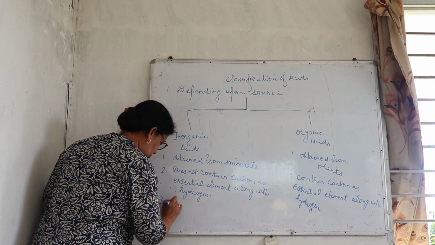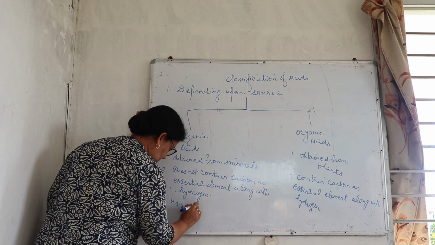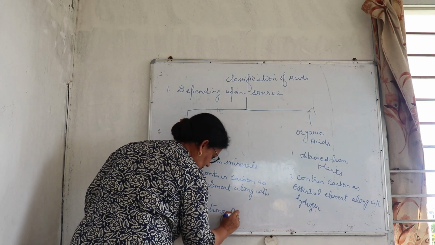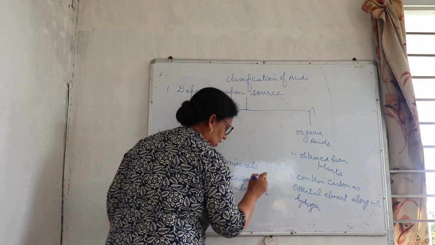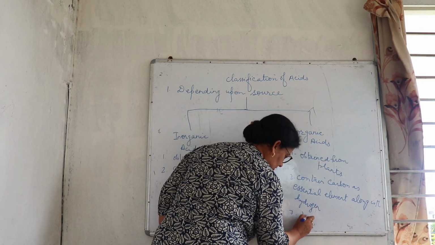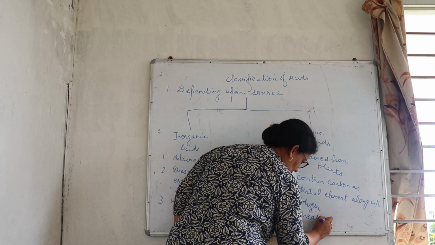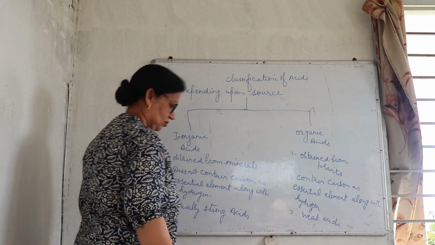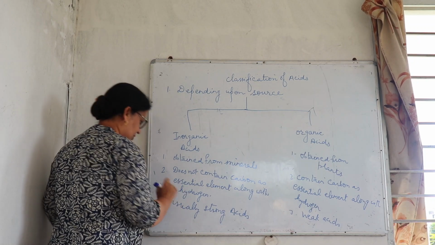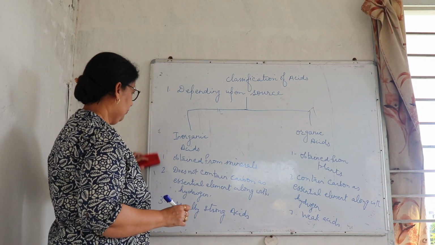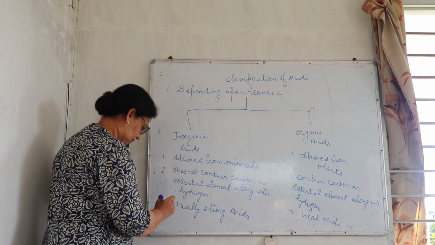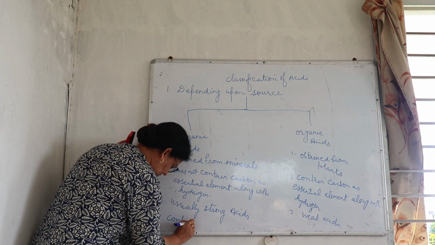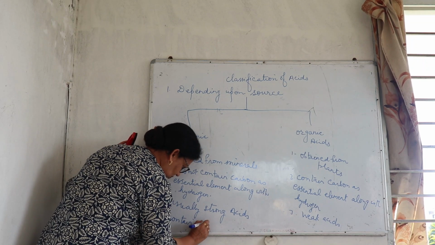Inorganic acids are usually strong acids, and organic acids are weak acids. If these are strong acids, they contain ions only.